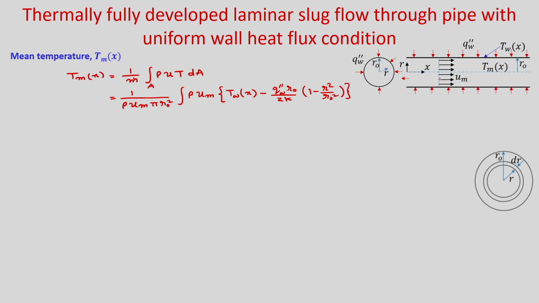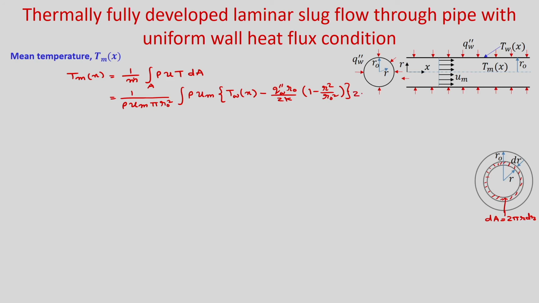And what is dA? If you consider one elemental flow area at a distance r of thickness dr, this is your flow area, and you have to find what dA is. The perimeter is twice pi r, into distance dr, so that is the flow area, twice pi r dr. So, that you can write here.